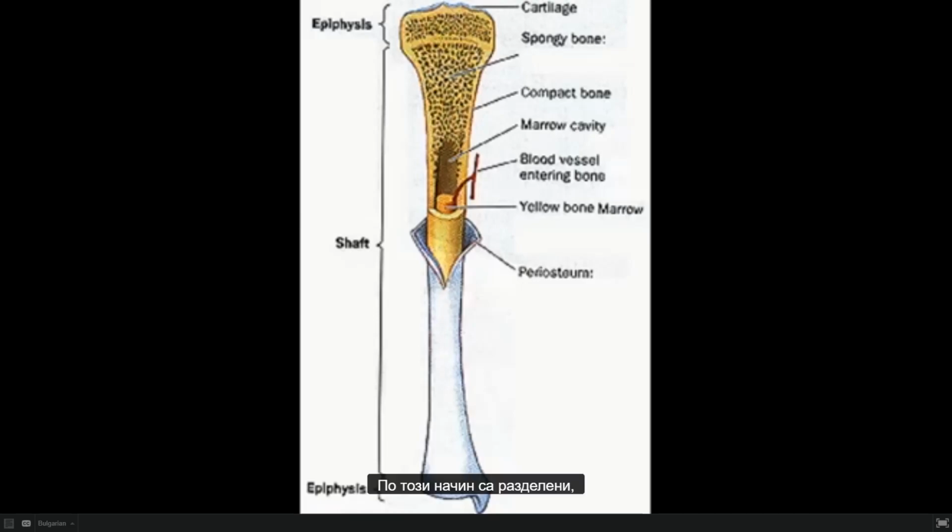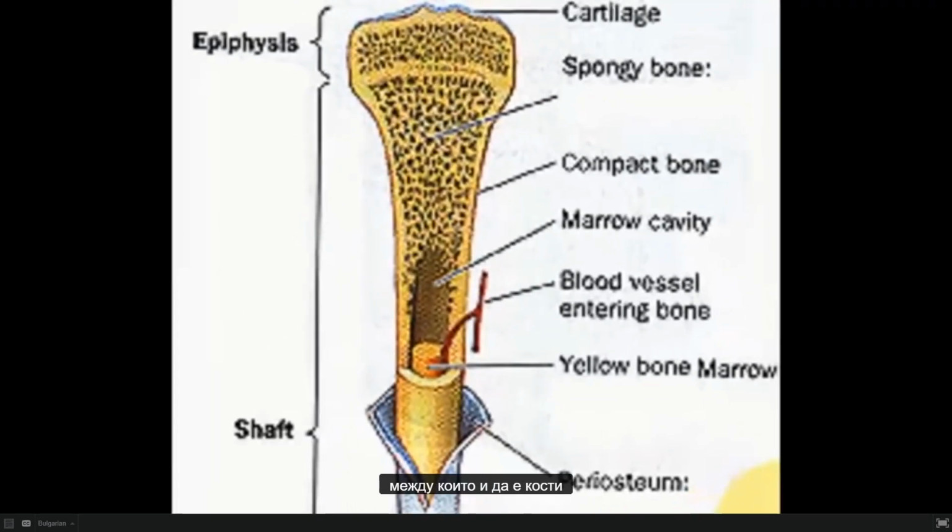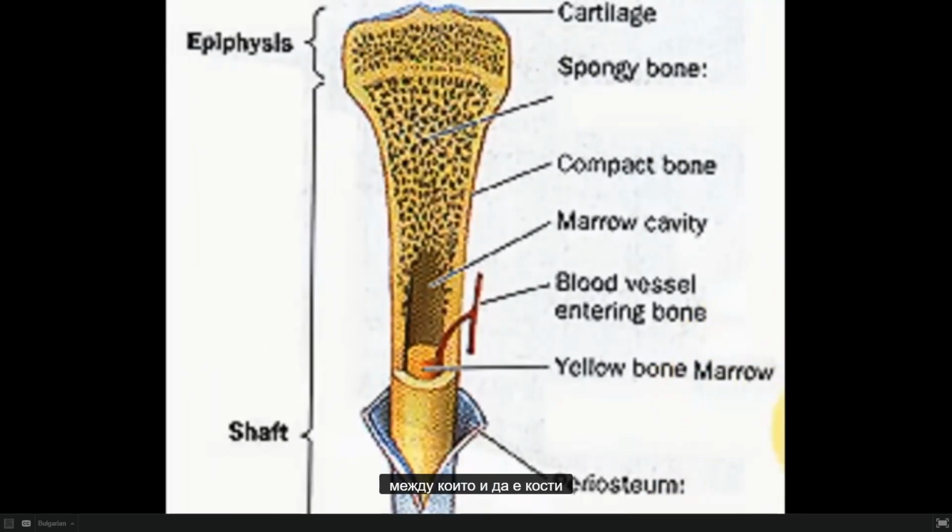This is how you divide it. You call it the skull, you call it the hip bone, you call it the rib bone. In operation, there is no difference between any of the bones.